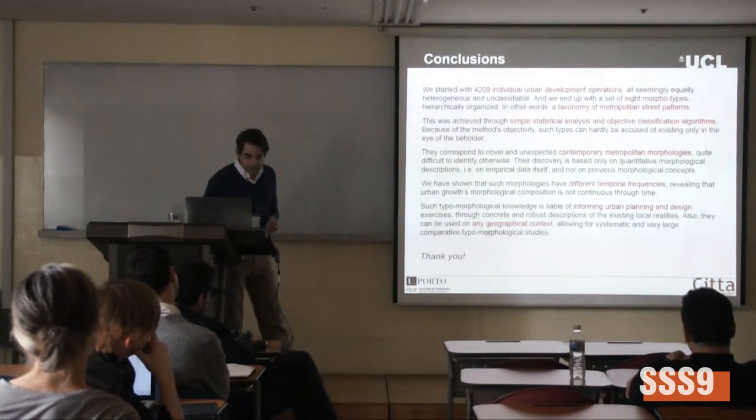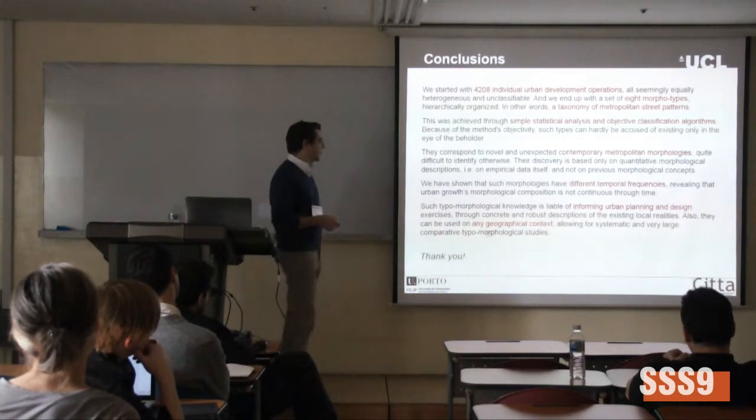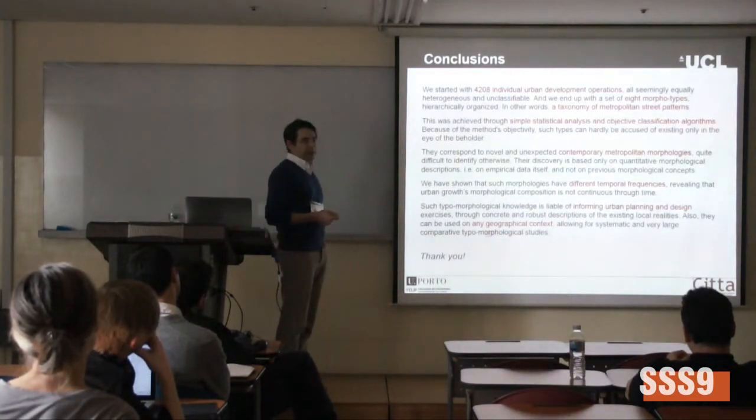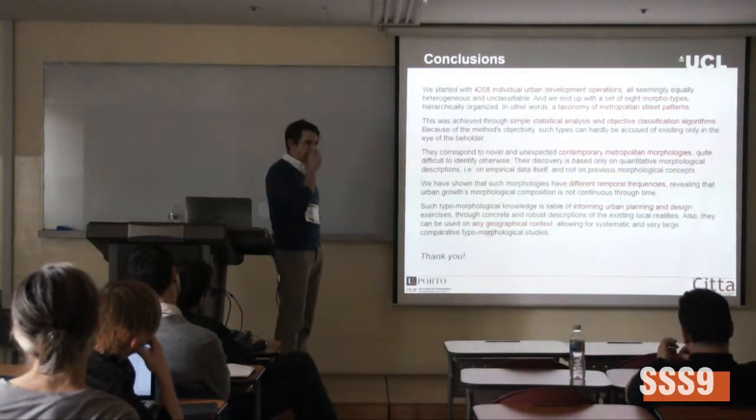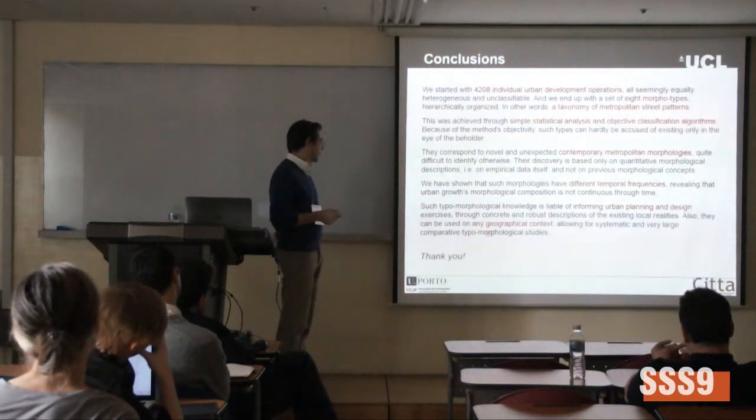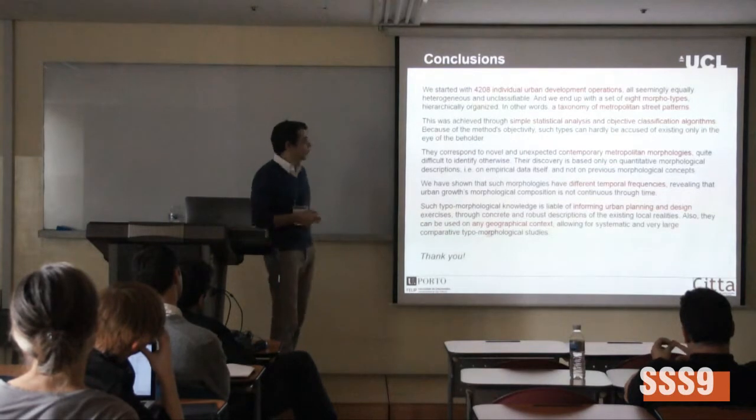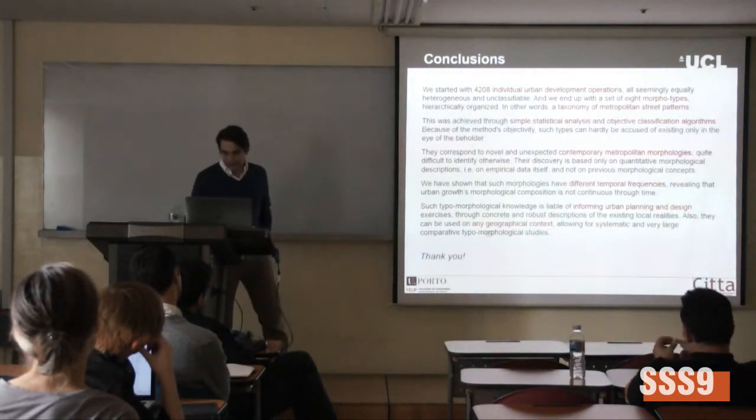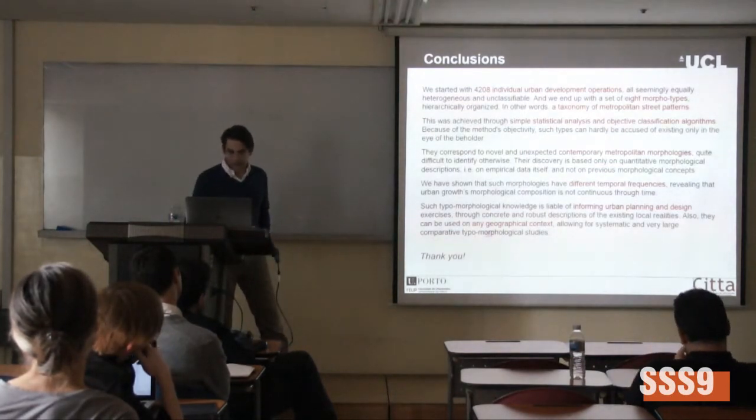And as a final output, I would say that they are liable of informing urban planning and design, which is actually a problem with classical typomorphology, because we can make a plan based on a classification that is based on hunches, but it's rather guessing, I think. With these kinds of methods, we can actually know that these things occur with statistical significance.